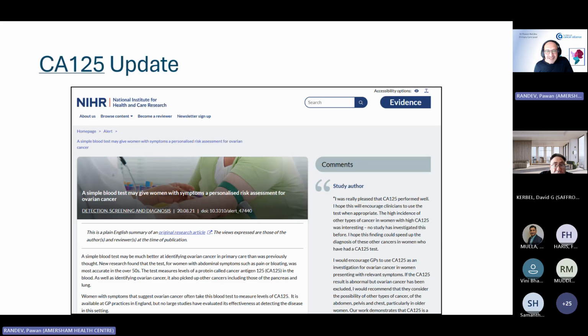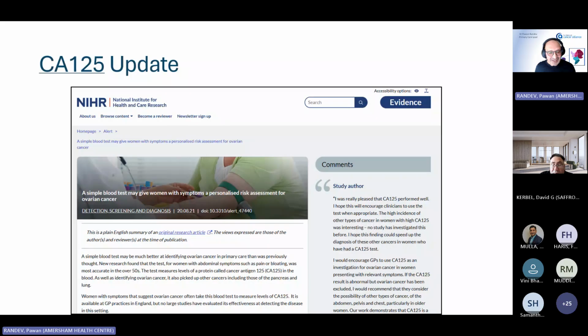And what that means in practice, and this is the paper itself that summarizes this, is that if you have a woman who has a raised CA125 and you rightly arrange for her to have an ultrasound, and the ultrasound comes back and says, no ovarian cancer found, or the ovaries are both normal, what should you do?